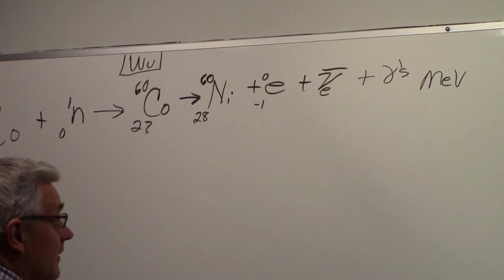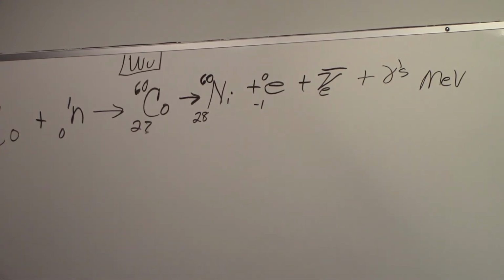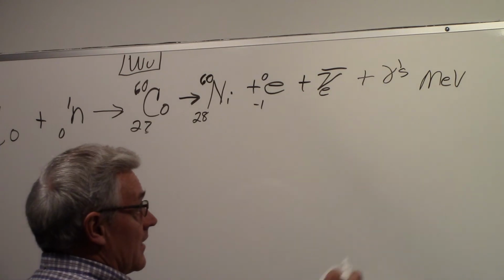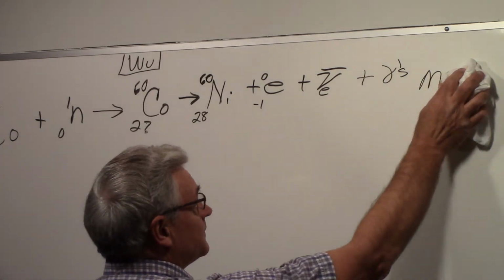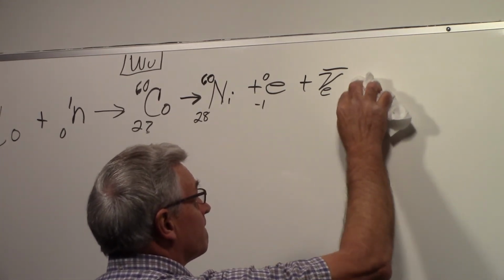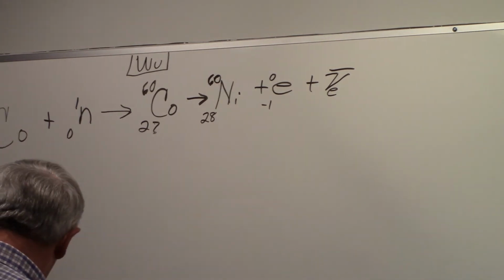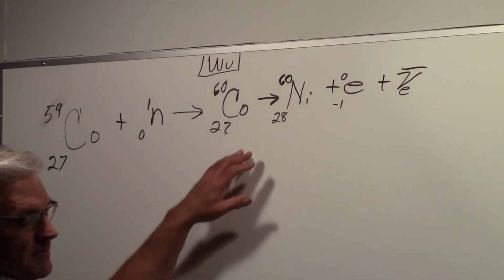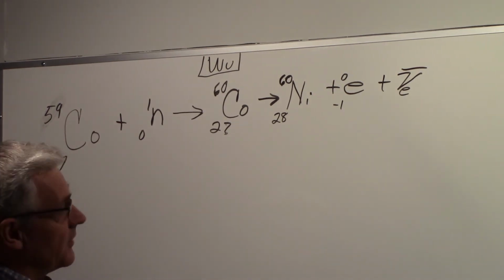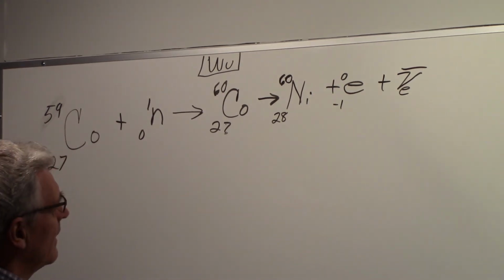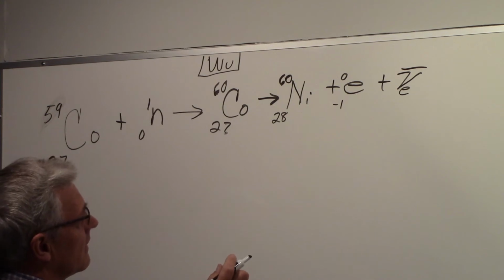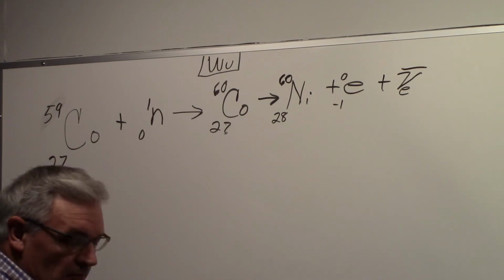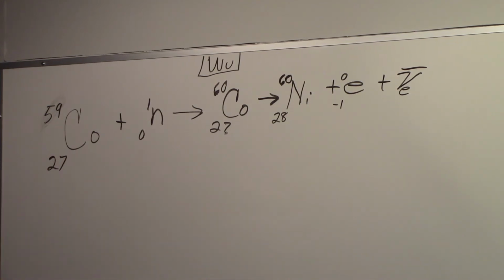But we are not going to worry about the gamma rays, but I want you to know that they're there. So this is what happens, but it really doesn't tell you where the weak force is. So there's a couple of ways of looking at this.